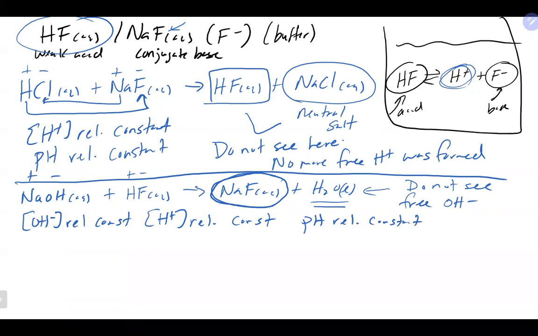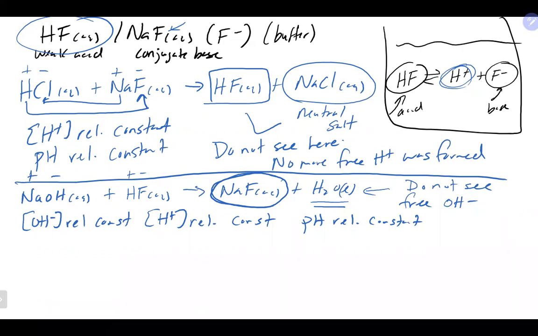When you add additional acid or additional base, it's able to prevent the formation of free H plus when you add acid, and prevent the formation of free OH minus when you add base. What those both do is basically keep the H plus concentration where it was at to start with. And because that concentration doesn't move, the pH doesn't go crazy and have big jumps. So it's able to remain relatively constant.